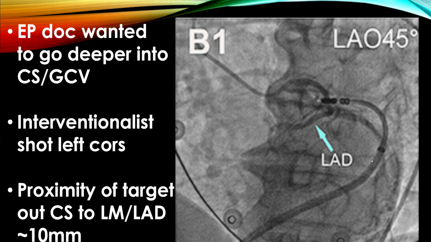This is a catheter that is not an electrophysiology catheter, but it shows where we had it. And it's going out the CS here and into the GCV, which is just the extension of the CS. We measured the proximity of the target out here to the left main, and it was about 10 millimeters, which reassured us that we would not be injuring the coronary artery circulation by ablating where we wanted to ablate.